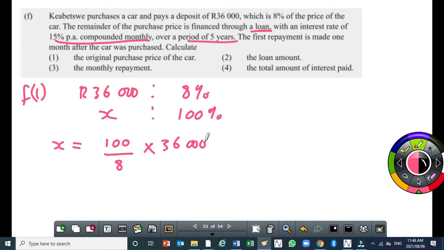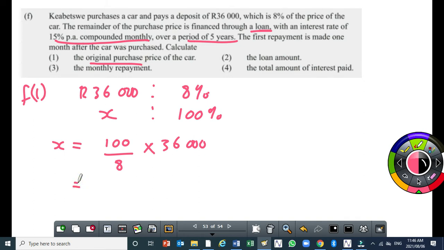I divided 36,000 by 80. You divided the what? Are you aware that you want to know the original price? It has to be more than 36,000. Yes, it's more than that. Right? Okay, let's carry on.